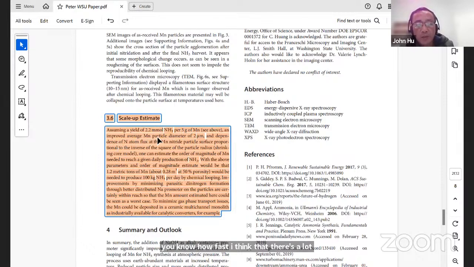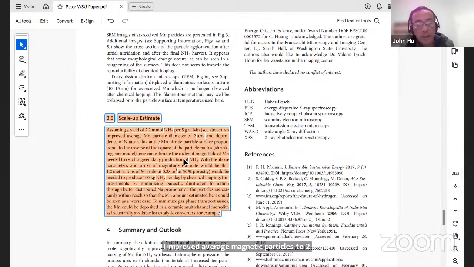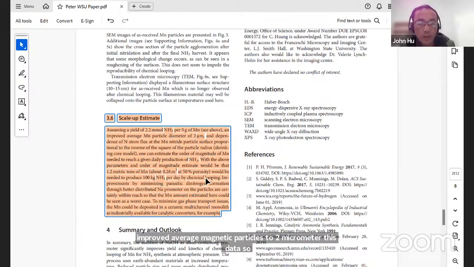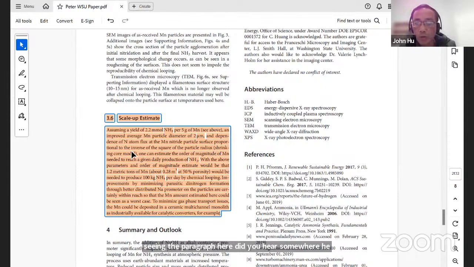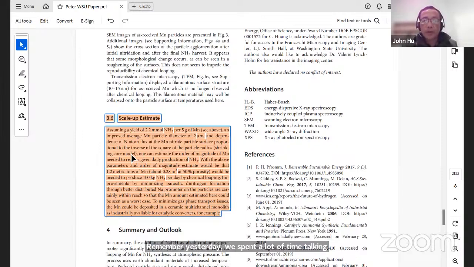An improved average of the magnetic particles, 2 micrometer, this data. So he basically spent the whole paragraph here. Did you hear somewhere he was also using a shrinking core model? Remember yesterday we spent a lot of time talking about the shrinking core model, and then I think one of the audience asked a question, how stable is the catalyst?